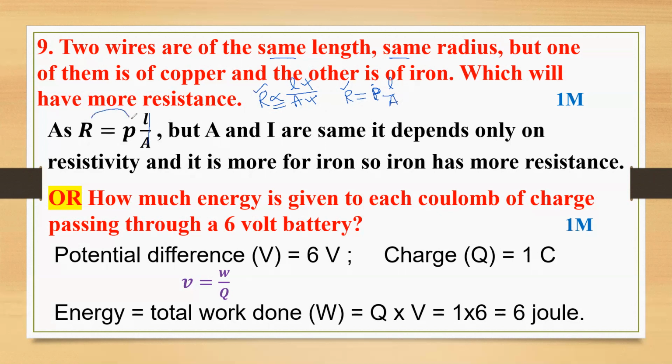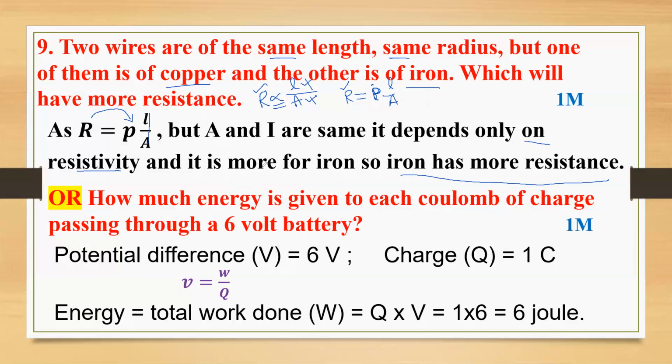Resistance depends on resistivity. Now which two elements are given? A copper metal and an iron metal. So we know that iron has more resistance because it has more resistivity.